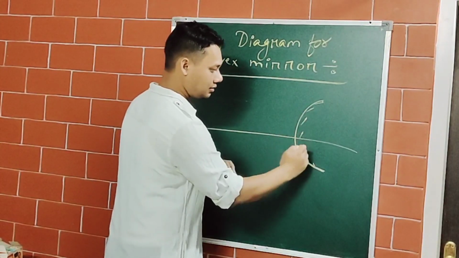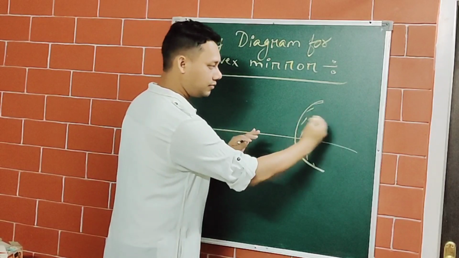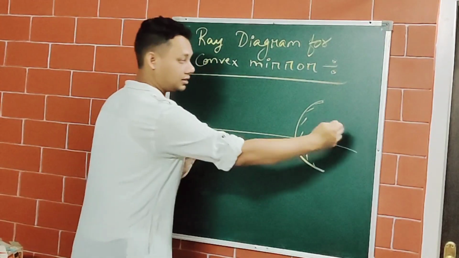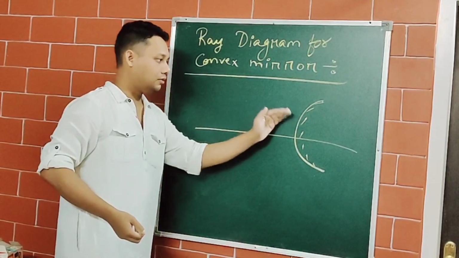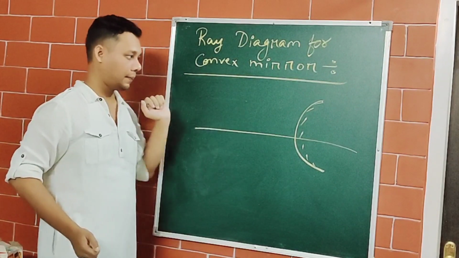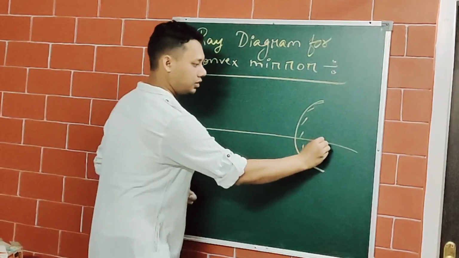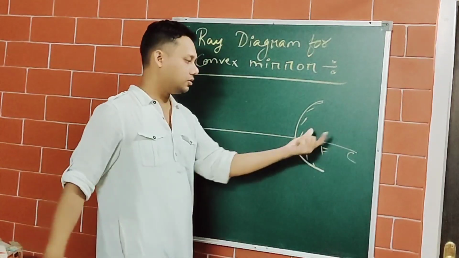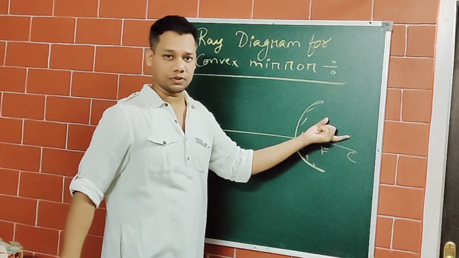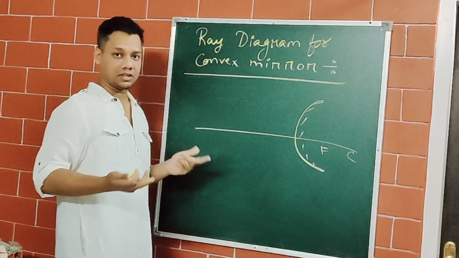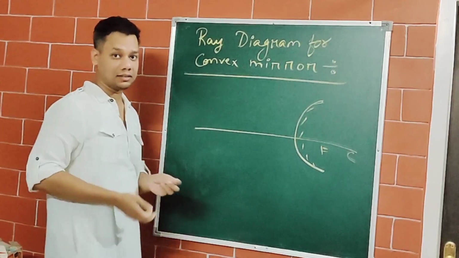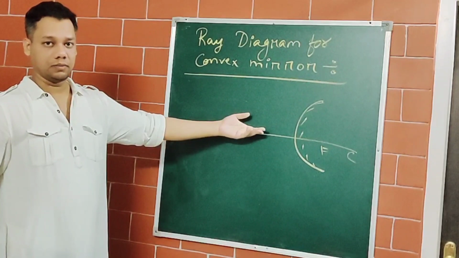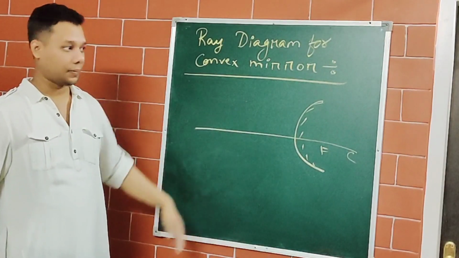On this side silver color is applied, so no reflection of light will take place from this side, only this side will reflect light. So for the focus and center of curvature, it is useless to put an object in this position. So there are only two positions left for us, one is at infinity and one is at a considerable point in front of the mirror.